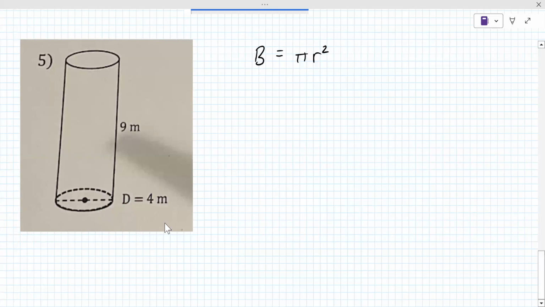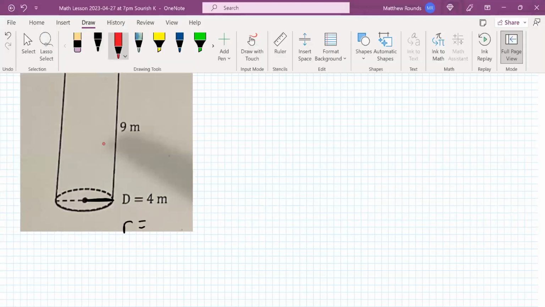Okay, how do you find the radius from the diameter? Why would you square 4? How do you get the radius from the diameter? The radius is the distance going out like this from the circle. The diameter is all the way across.